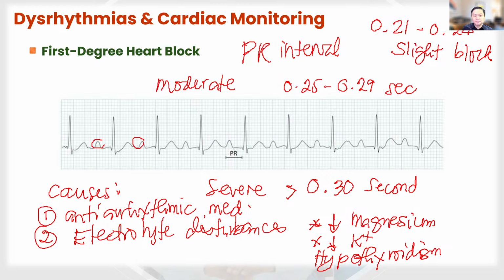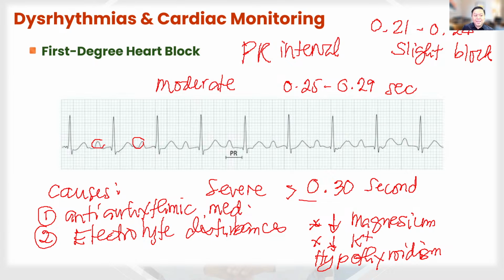It's there. But the PR interval is already prolonged and it's becoming more constant. As I have said earlier, there are certain levels of the first degree heart block. There's that mild, there's that moderate, and there's that severe. So please take note about the increments in the widening, or the prolongation rather, of the PR interval.